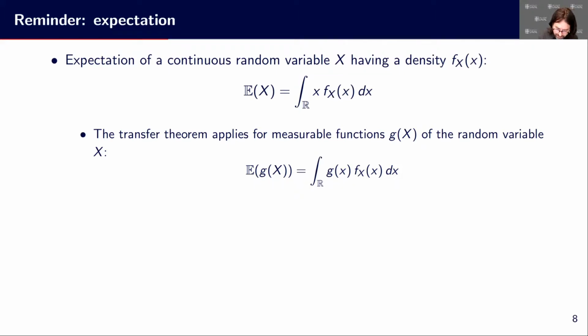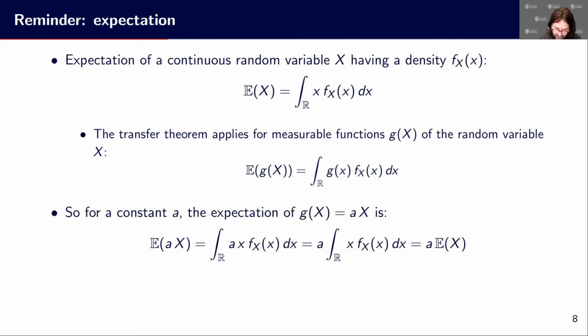Applying the transfer theorem, for a constant a, which corresponds to a function gx equal to a times x, the expectation of a times x is the integral of ax fx dx. Since a is a constant and not a function of x, we can just take it out, and this corresponds to a times the expectation of x.